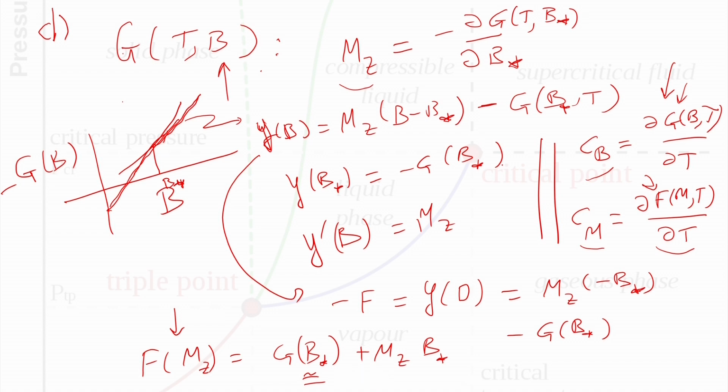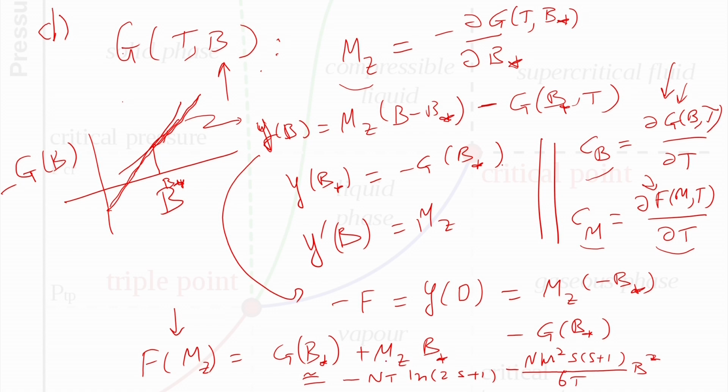G of 0 is going to be minus N t times ln(2s plus 1), minus N mu squared times s(s plus 1) over 6t times b squared. That is my G of B_z. Then I have to add to this this quantity.